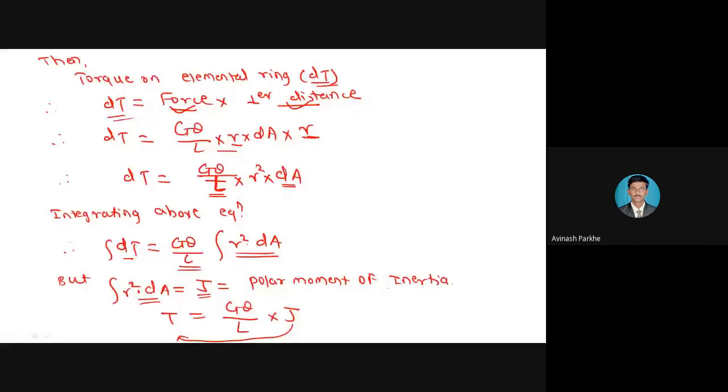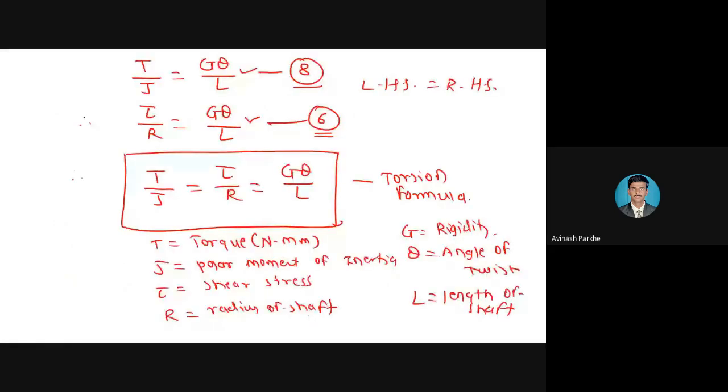Therefore, integration of dT means capital T, G theta by L is the constant term, and integration of r square into dA means your J. Then that J I have taken to the left side, so I got equation number 8. What is that equation number 8? T upon J is equal to G theta by L, and already we have equation number 6, that is tau upon R is equal to G theta by L. Left hand sides are equal, G theta by L, G theta by L.